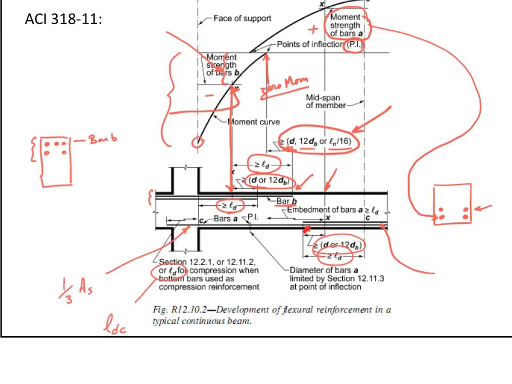So because now I need the strength of bar A, for example, I dropped from 400 kilonewton meter to 200 kilonewton meter. Where I don't need the 2 bars anymore, I have to extend them by a d or 12 db, whichever is bigger.